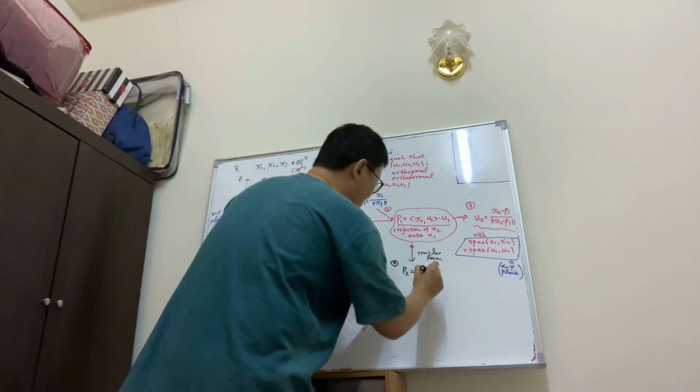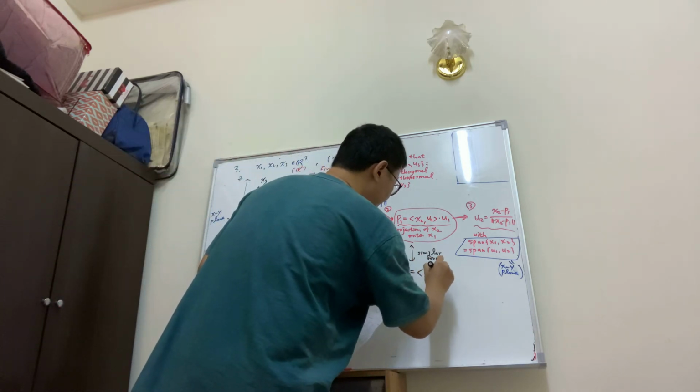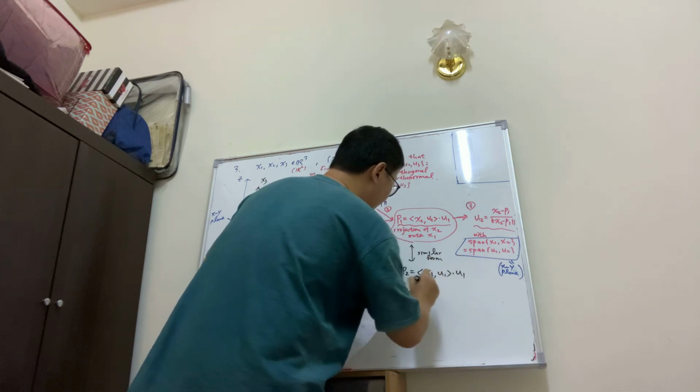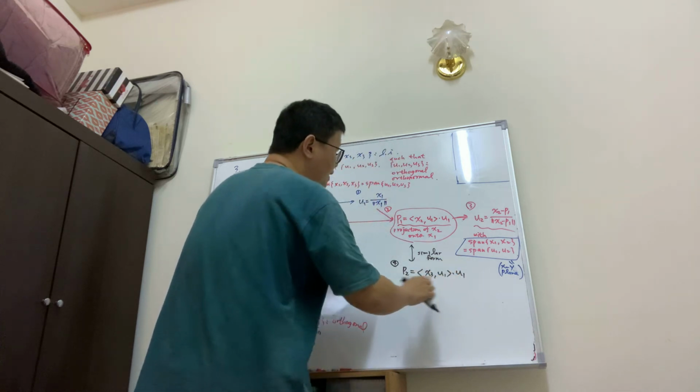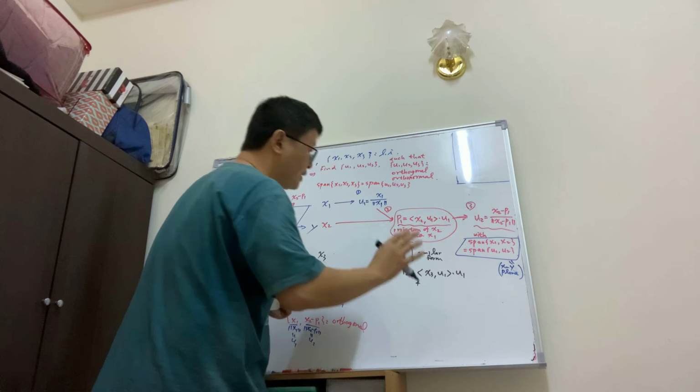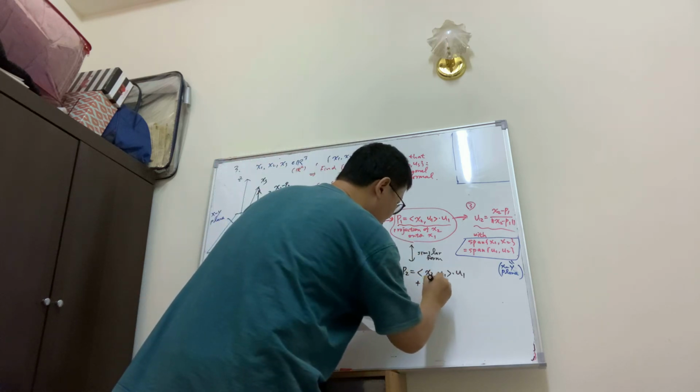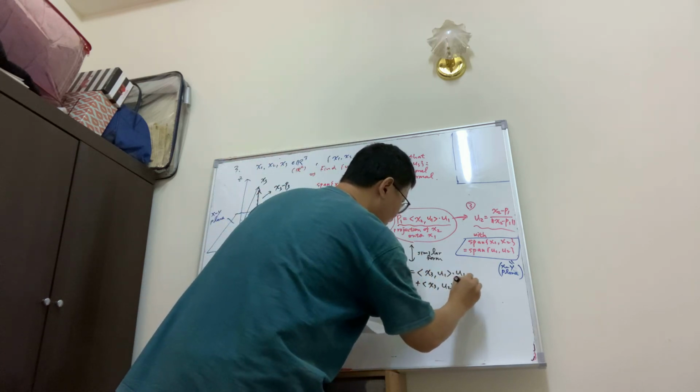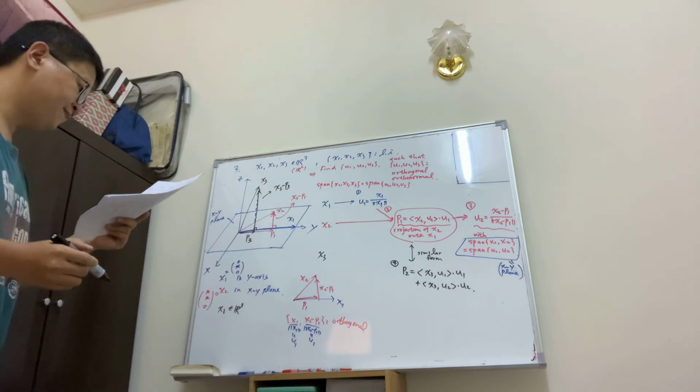So we have S3, U1 inner product times U1. But it belongs to the spanning set of U1, U2, so we still have another term: S3, U2 times U2. It should be this one.